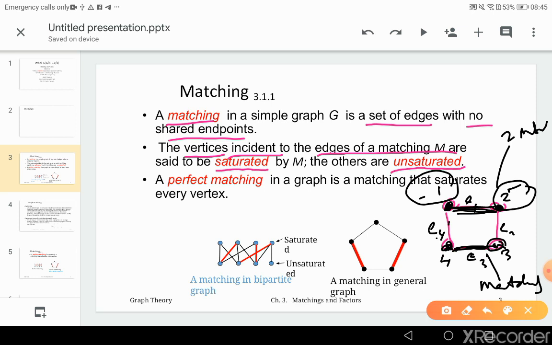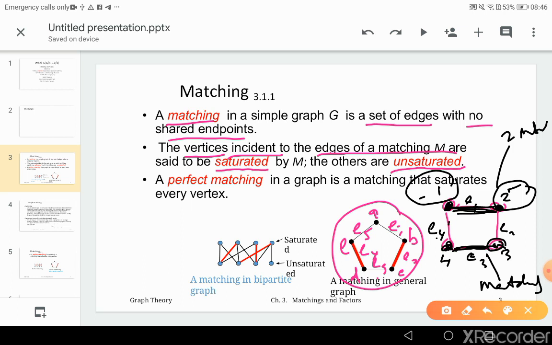If you see this graph, we have vertices A, B, C, D, and E. Vertex A is incident to the edges E1, E2, E3, E4, and E5.